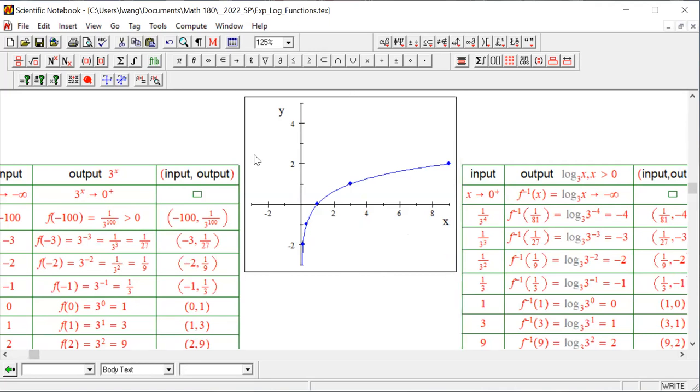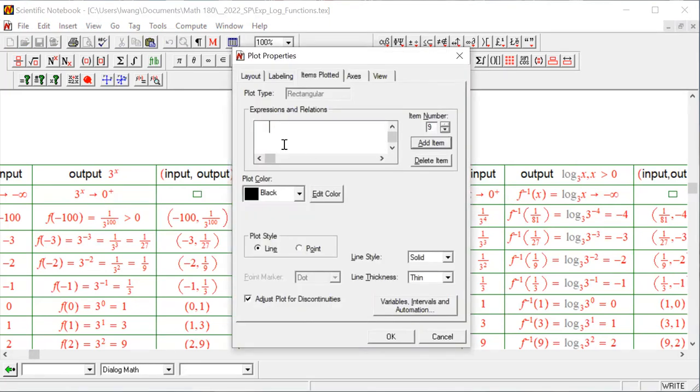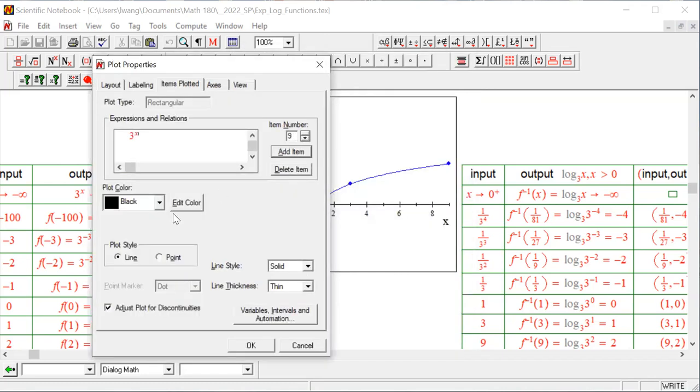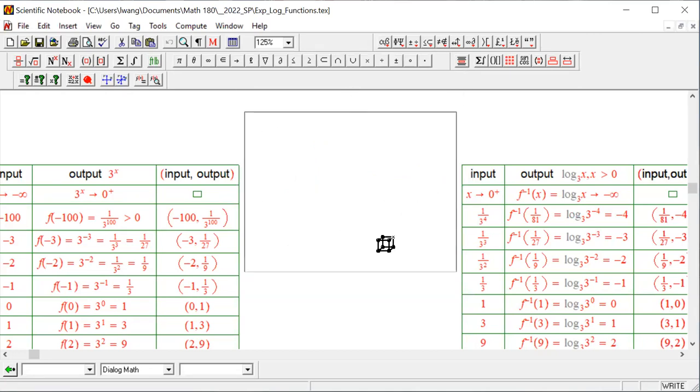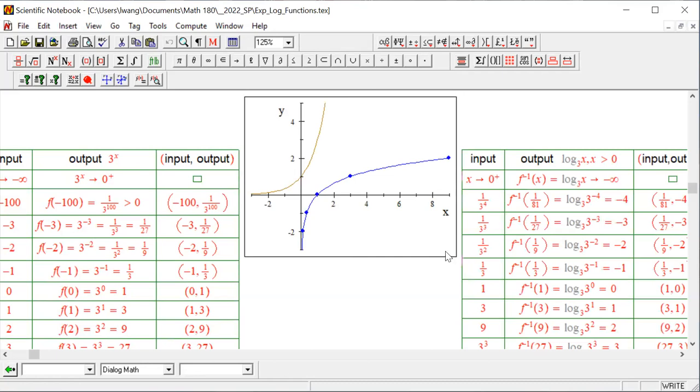And if we plot the picture of 3 to the power of x, let's see, what color do we want it? The color we can choose to be gold. Once again, there's that symmetrical feature.